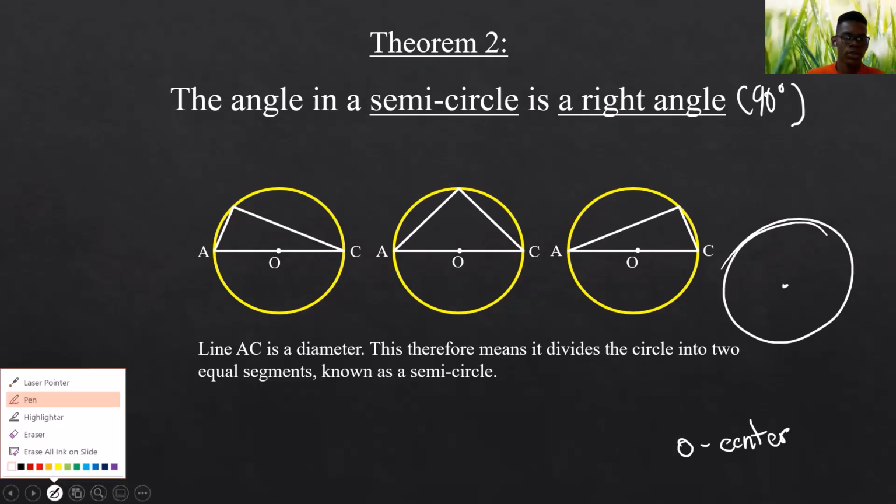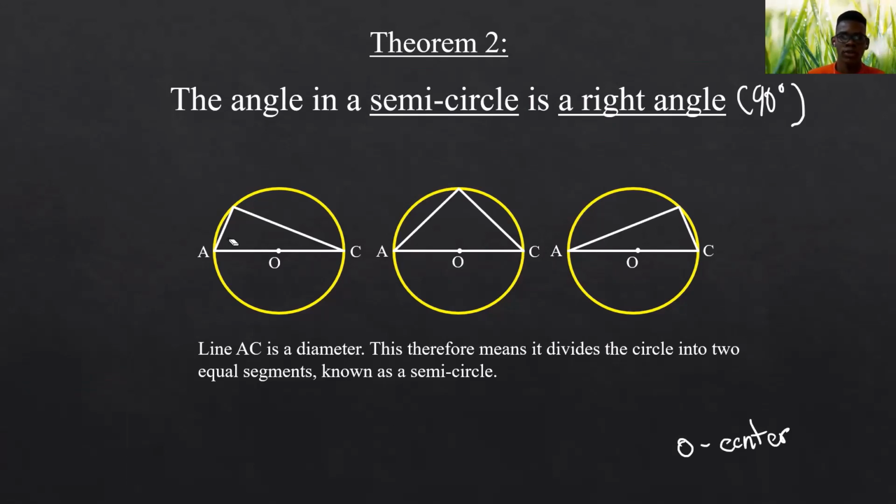Any line drawn from one point of the circumference through the center to another point is called the diameter. So AC is a diameter, and that's what it's saying here. The line AC is a diameter, therefore it divides the circle into 2 equal segments known as semicircles.